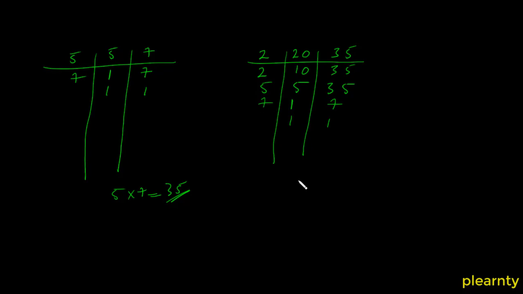We have 2 times 2 times 5 times 7. So 2 times 2 is 4. 4 times 5 is 20. 20 times 7 is 140. So that is our lowest common multiple.